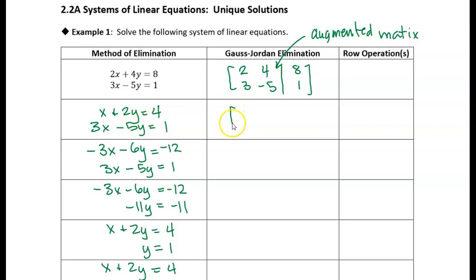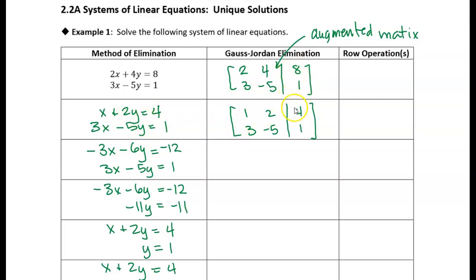So if you look at this next one, if I just write the augmented matrix for it, I get 1, 2, 4, 3, -5, 1. Okay, and then I'm going to draw a line. So that's the augmented matrix corresponding to this second set of equations here.